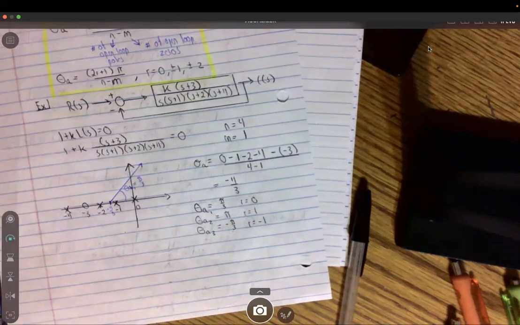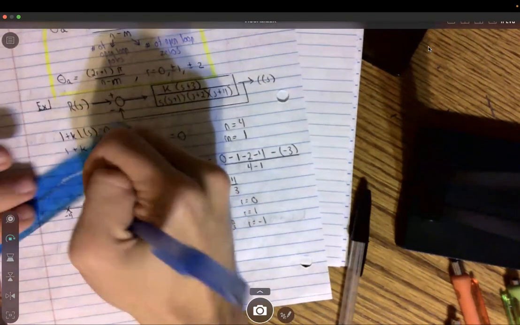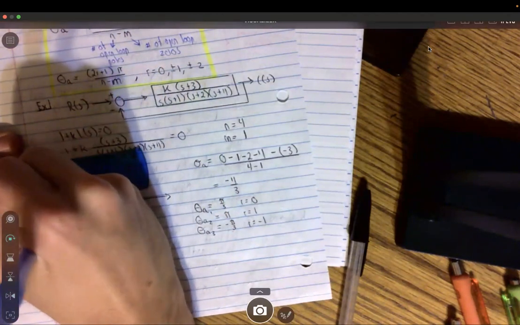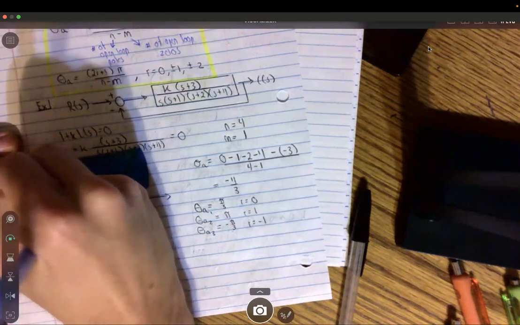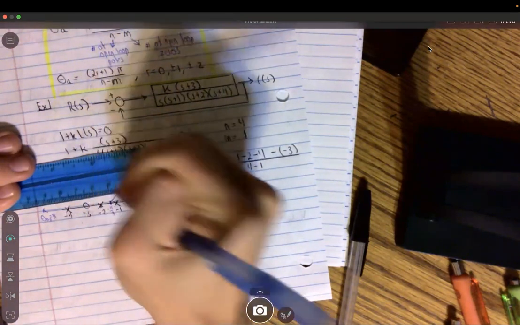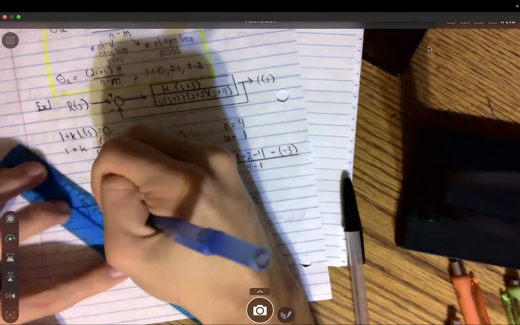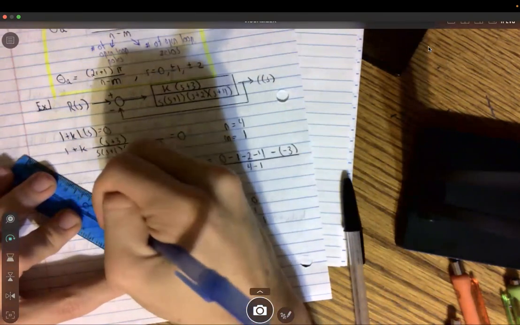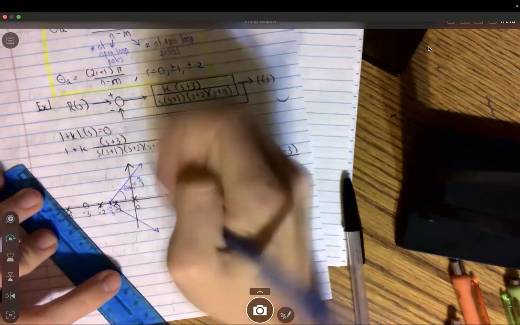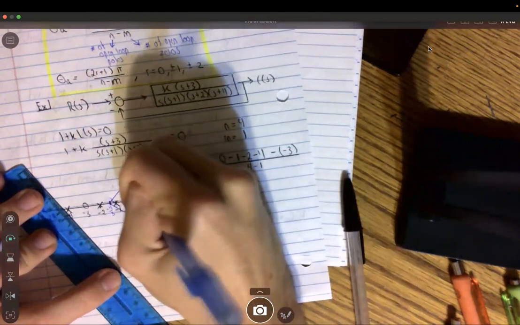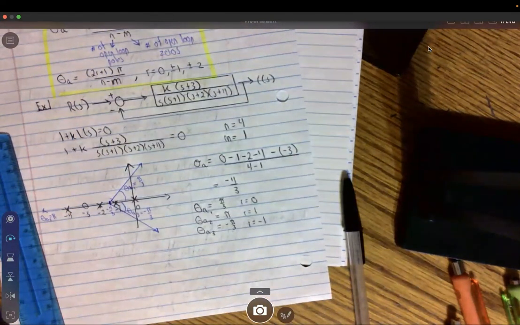Our next asymptote is going to be somewhere along here. The angle of A2 is equal to pi, because it's a full pi here. And then the angle of asymptote 3 is going to be negative pi over 3. So here it's going to be negative pi over 3. So there's our asymptotes, which is really good.